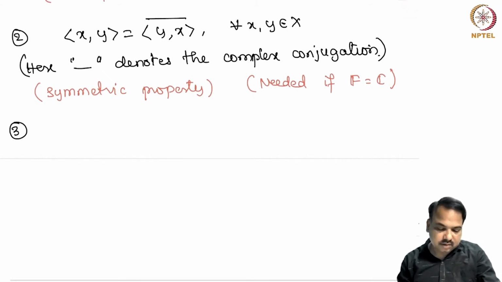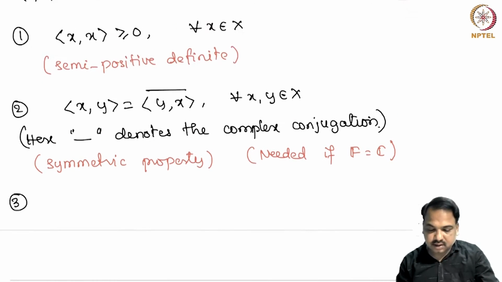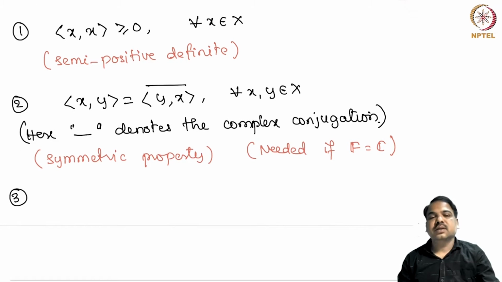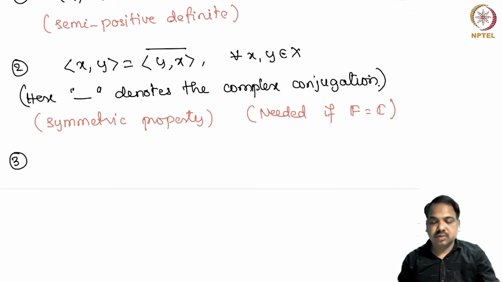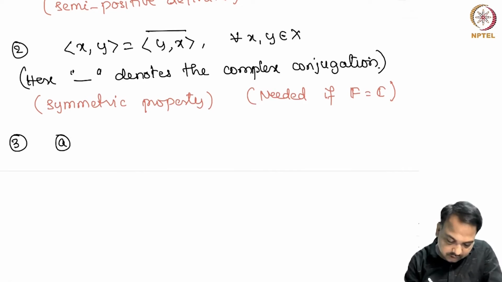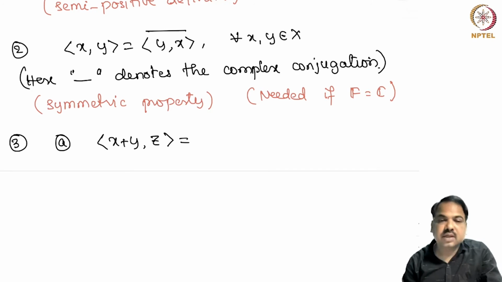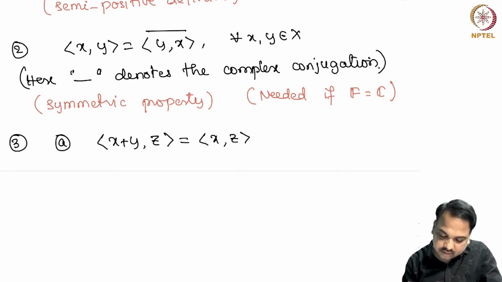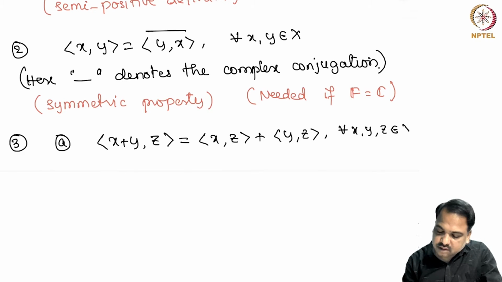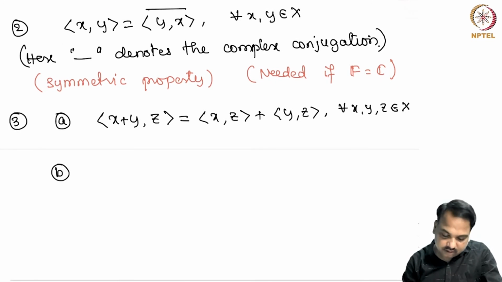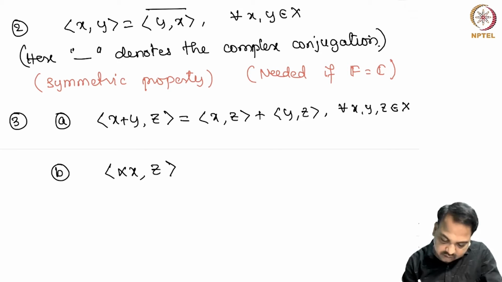Okay, the third condition. Since we are defining a new function on X cross X, a function of two variables, and we know that on X there is a vector space structure or linear structure, we want to know how the new function is going to act on the linear structure of X. So if you take two vectors x and y and take x plus y, take the semi-inner product with z, this we expect as the semi-inner product of x and z plus that of y and z, for all x, y, z in X. And the second condition is: look at alpha x semi-inner product with z.